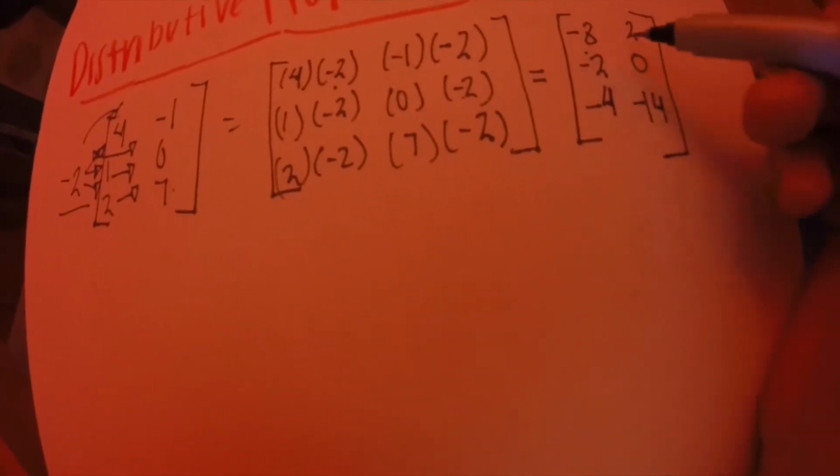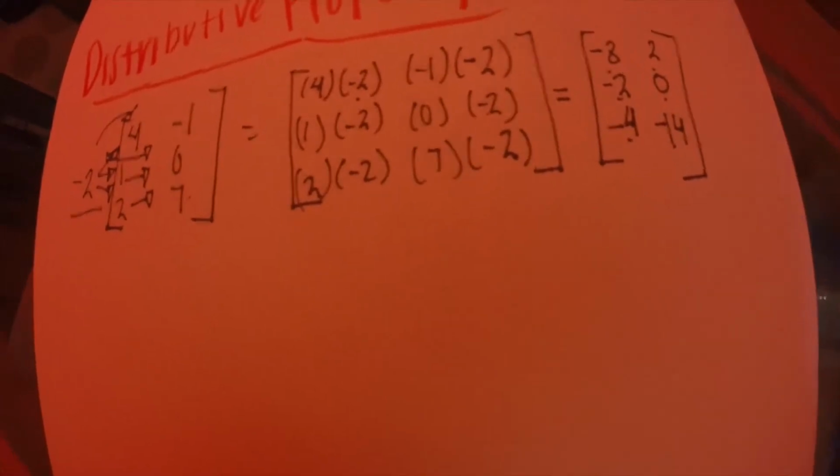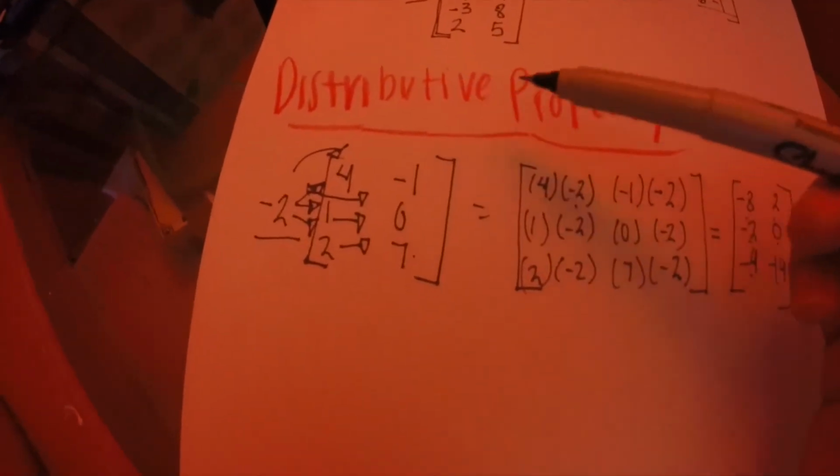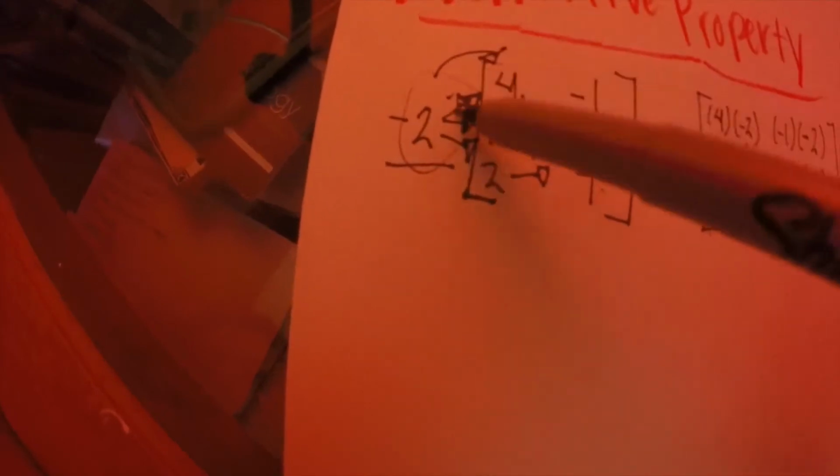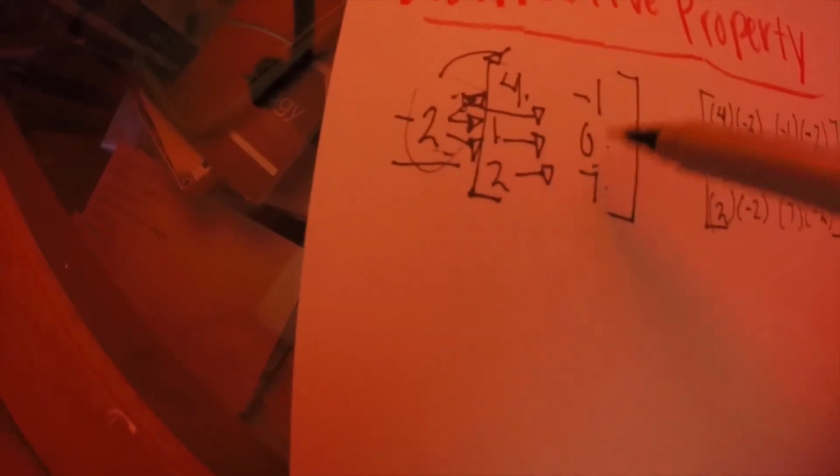This would be your ending result, and you just use the normal distributive property that you learn in basic algebraic operations. You just give the number that is asked to be distributed to each of the participants of the matrix.